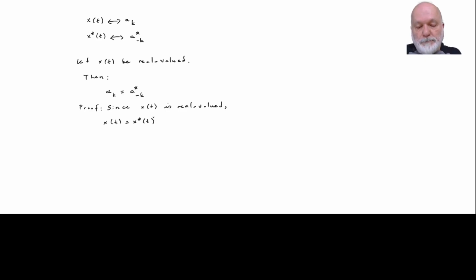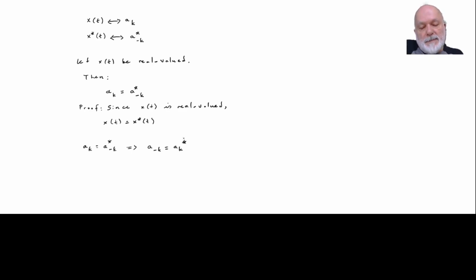Now, we can write down the same expression in the following form. A_k equals A_{-k} complex conjugate. If you take the conjugate one more time, we get A_{-k} equal to A_k conjugate.